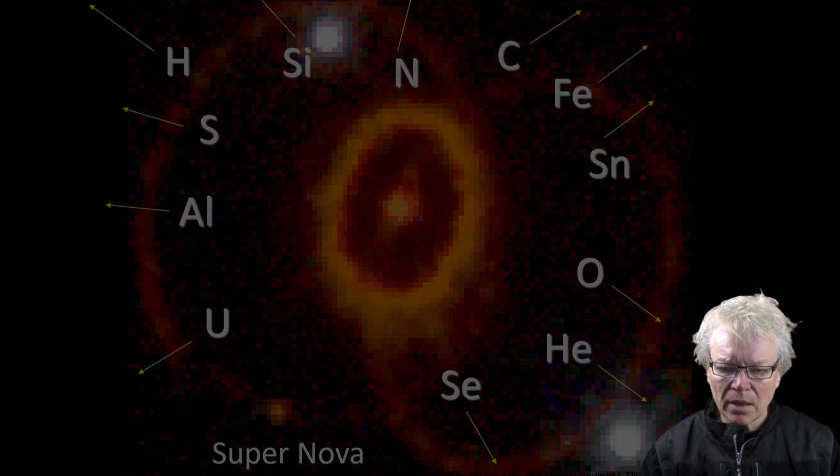Now, the only place that you can get these elements forming is in stars. The only place. It doesn't form on Earth. It doesn't form in some lab somewhere. The only place you can get these elements being created is in the cores of stars. It's occurring now out in the universe, and certainly occurred in the past. And if you think about it, what's our Earth made up of?